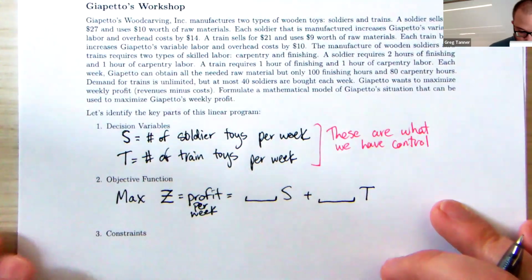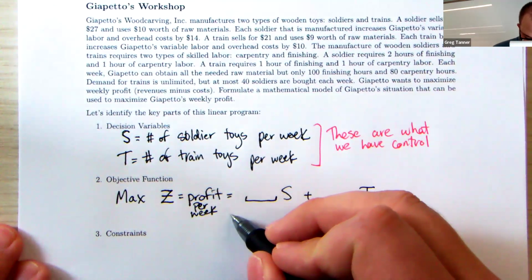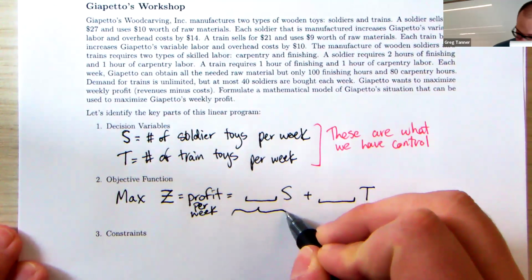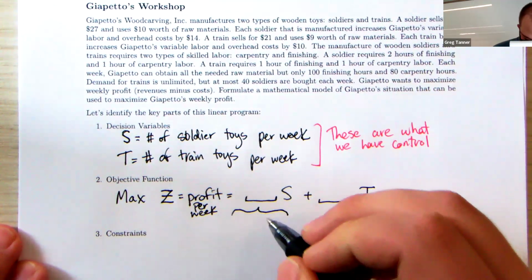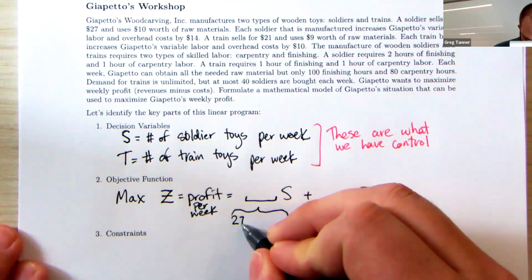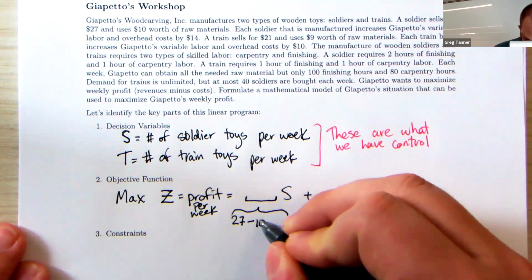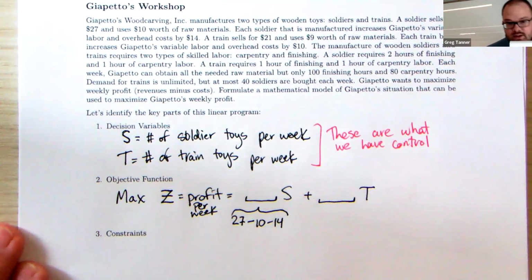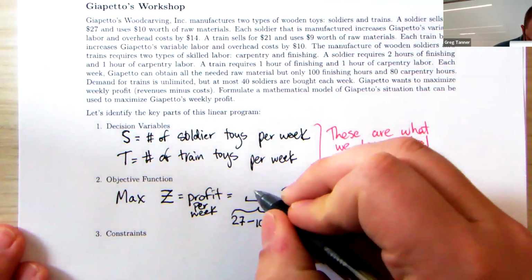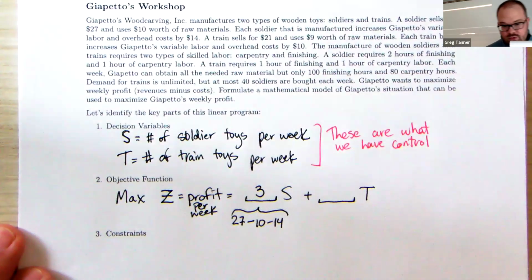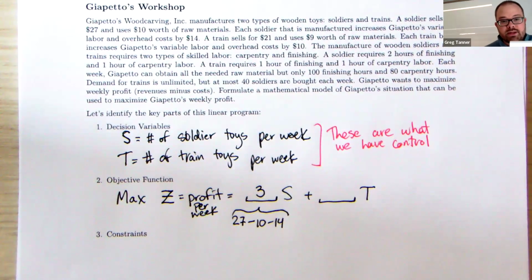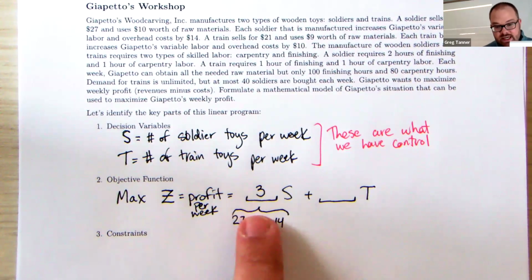So the net profit per soldier is going to be 27 minus the material cost of 10 minus the overhead cost of 14. That leaves us with a net profit of $3 per soldier, multiplied by the number of soldiers per week. That gives us the profit per week from soldiers, which is 3 times S.